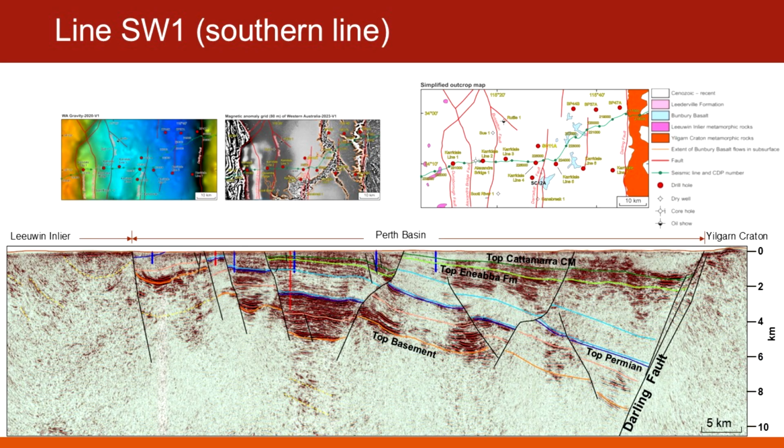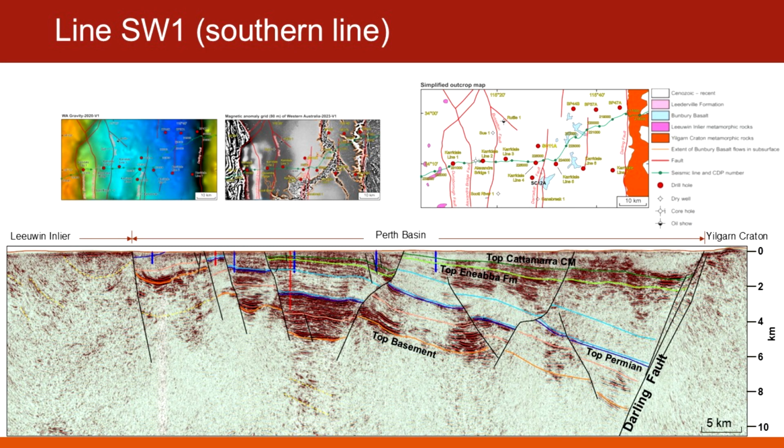We can also see some interesting reflections below the basement here, and we've correlated that to the Lewin inlay. We can see some nice layering here, which I think is consistent with the gneissic fabrics we see there. And you might be tempted to call all of this basin, but we do have a drill hole that is not far north from this line.